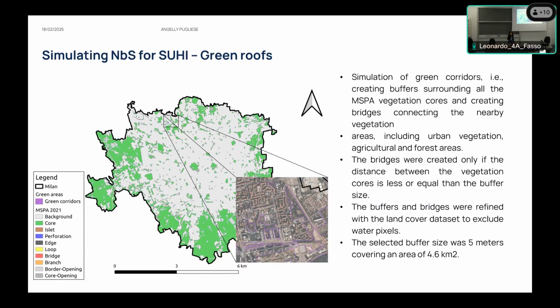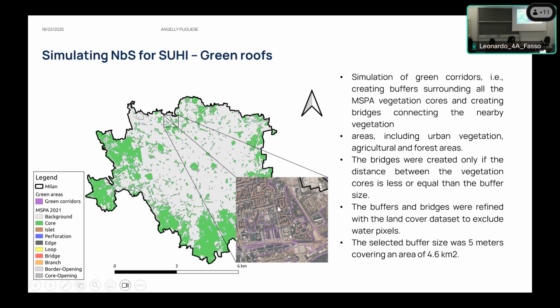So I put a buffer of 5 meters around the core vegetation areas, and also bridges connecting the vegetation areas that were nearby, nearby meaning with a distance less than or equal to the buffer size, so 5 meters. The area was 4.6 square kilometers. This is quite a lot, considering that I'm surrounding all the vegetation areas in the city.